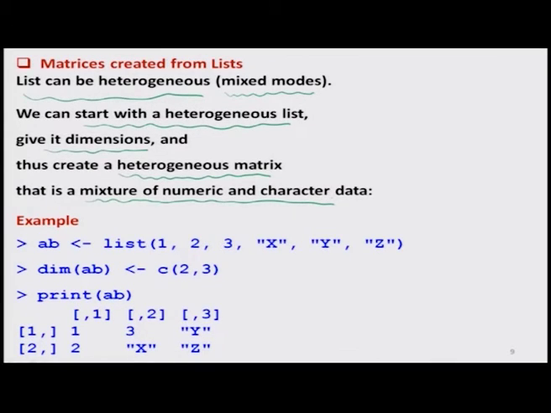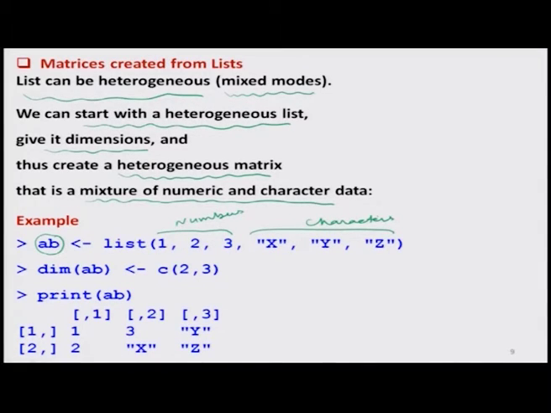Suppose I try to create here a list by the name AB, and this list has two types of entries. One is numbers and another type is character. So, I am taking here 3 numbers 1, 2, 3 and 3 characters x, y, z, and this is a list.